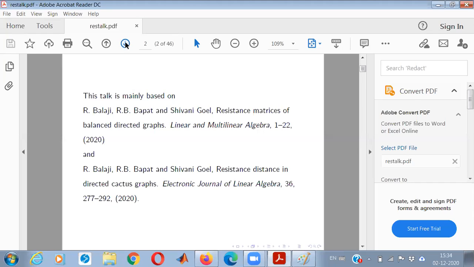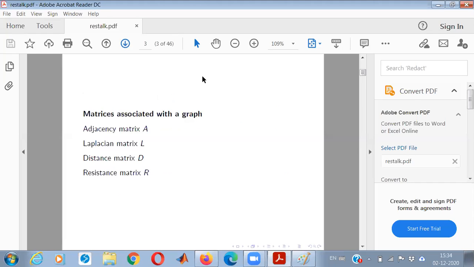matrix, resistance distance. So these are the usual matrices associated with a graph: the adjacency matrix, a 0, 1 matrix, where the rows and columns are indexed by vertices and so on. And so it is symmetric. The first part will be completely about usual graphs, not directed graphs, but undirected graphs. And I will consider simple graphs. I'll avoid parallel edges and loops.